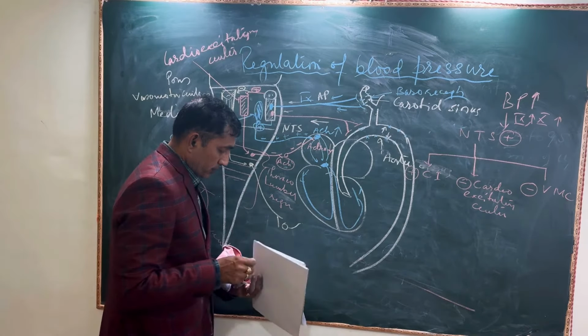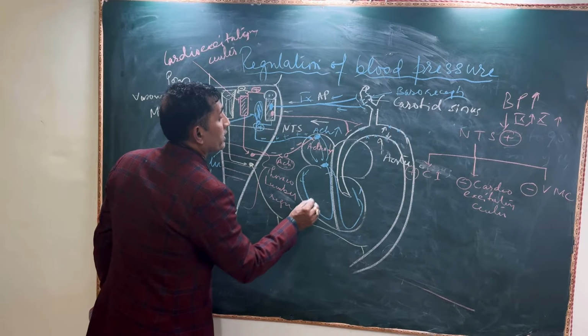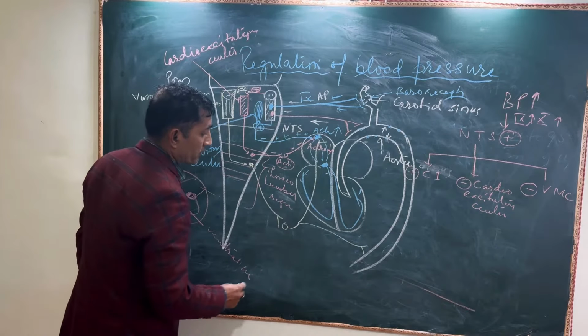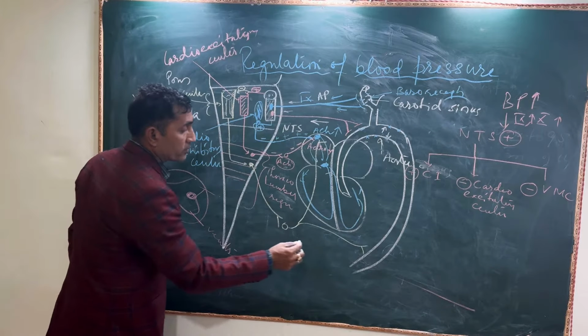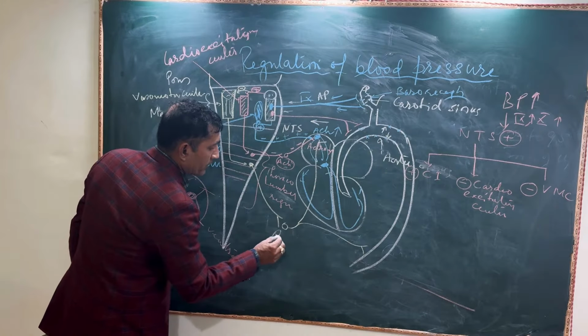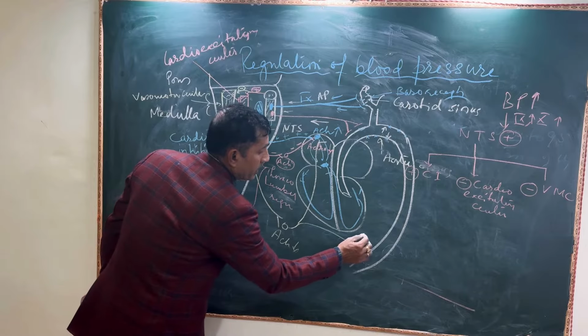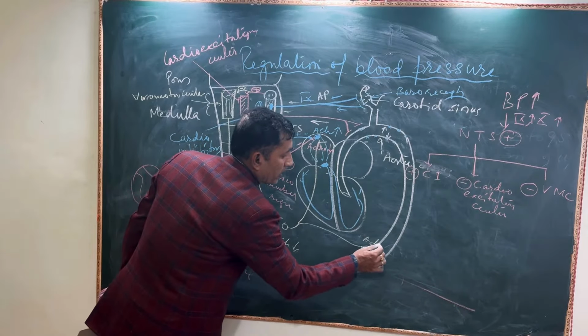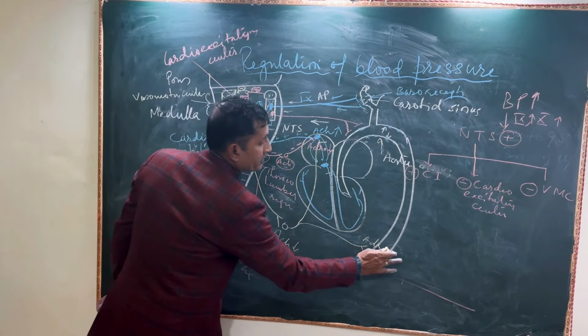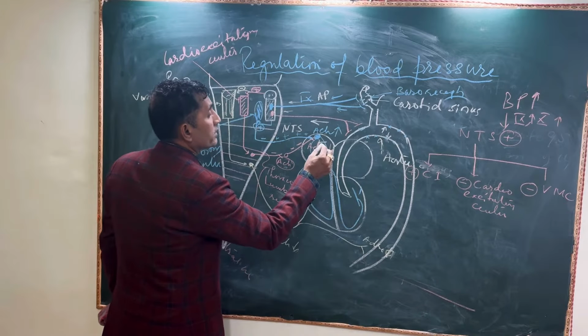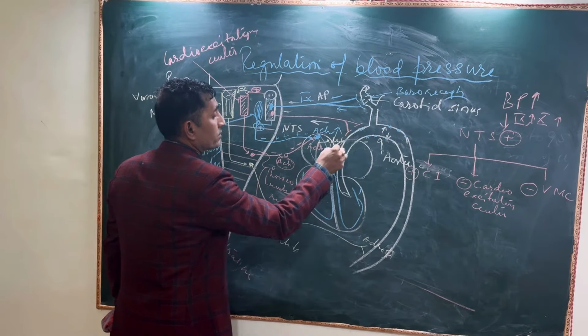This will also supply to the SA node. So there will be a less secretion of adrenaline. Adrenaline secretion will be less. Here also adrenaline secretion will be less.